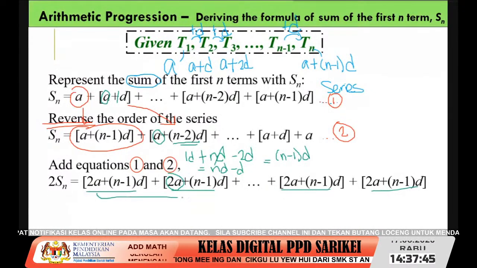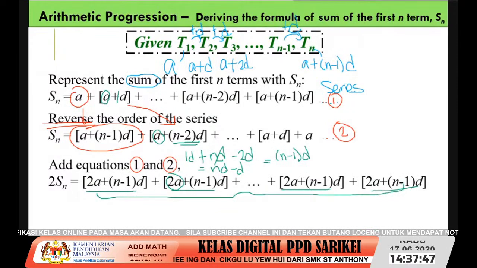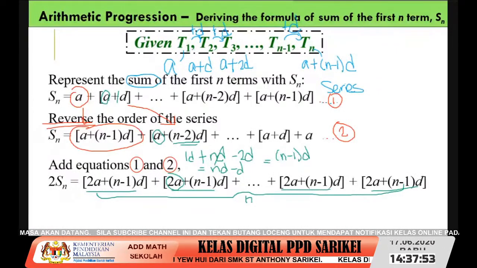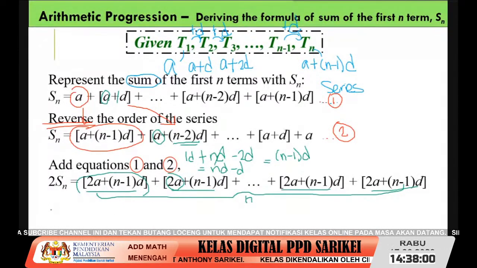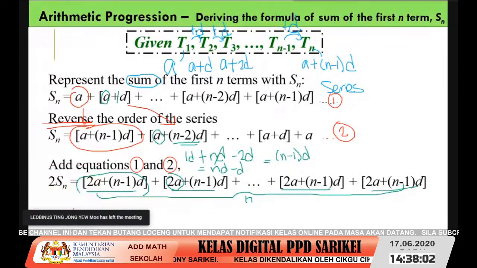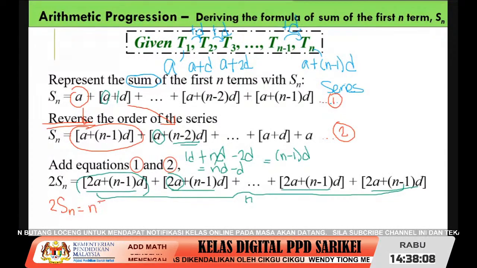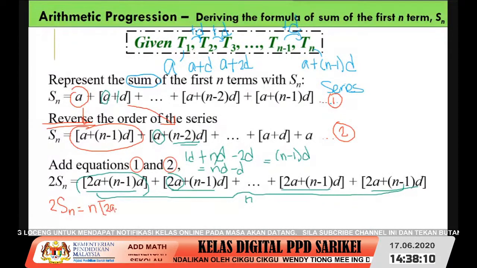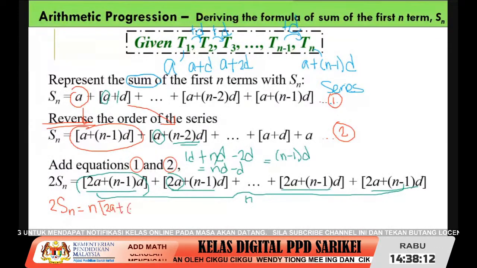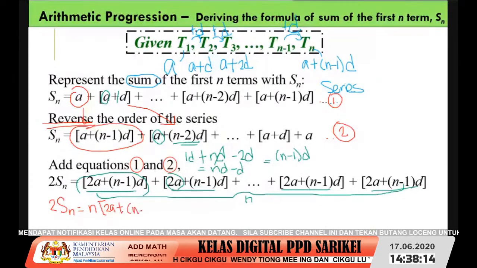So this one all together, how many terms? We don't know, right? So I just say that this one is n terms. All together, we have n terms. That is 2A plus n minus 1D. So 2Sn equal to n, number of the term, times 2A plus n minus 1D.